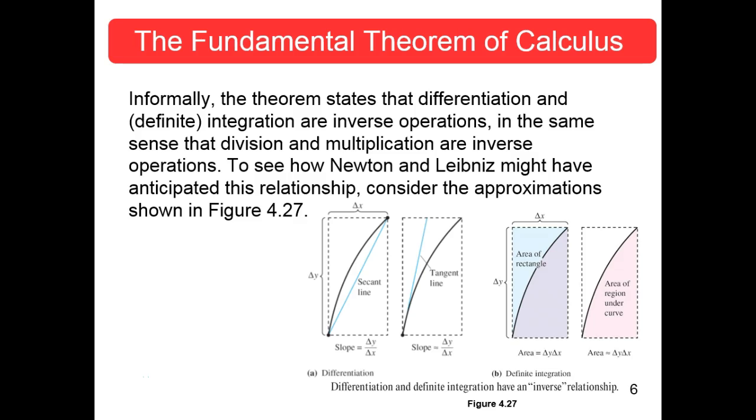Okay. Now, for differentiation, if you're differentiating this function here, you approximate that. The derivative of that is approximating the slope of the tangent line, either at this point, that point, somewhere in between. And what we use to approximate it is the slope of the secant line, which is your delta y over your delta x, rise over run. And that led to dy dx, which is your derivative. Okay?